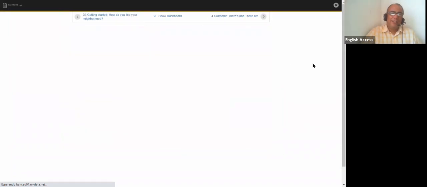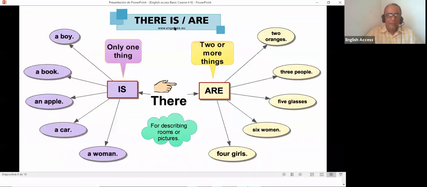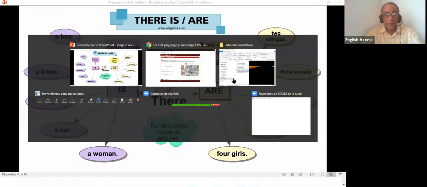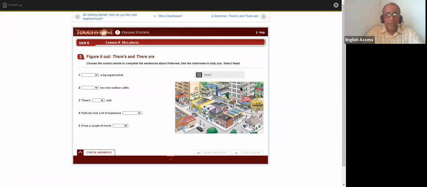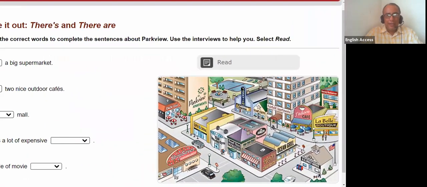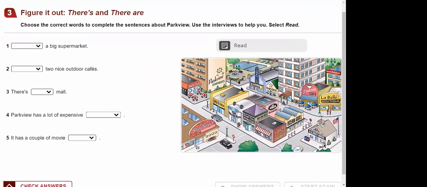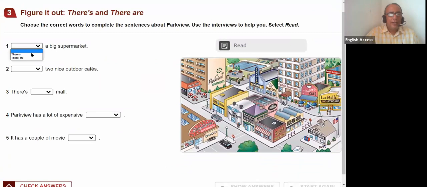Okay, let's go to the next activity. There is and there are. As I told you, there is used for one object. There are two or more. So here, take a look at the neighborhood. You need to use there's or there is and there are about a big supermarket.